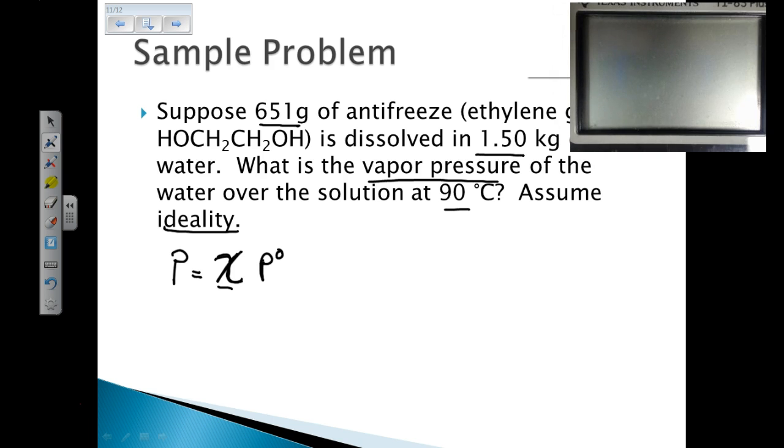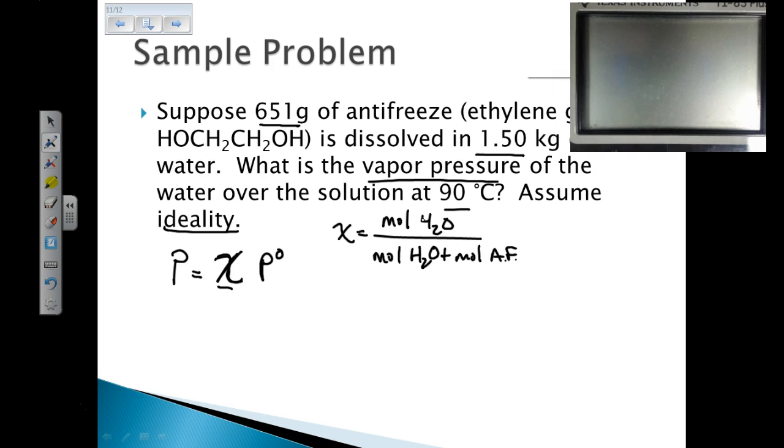So I have my calculator up, and let's start by doing that. Mole fraction is equal to moles of water over the total number of moles, which in this case is moles of water plus the moles of ethylene glycol. I'm going to put AF for antifreeze.